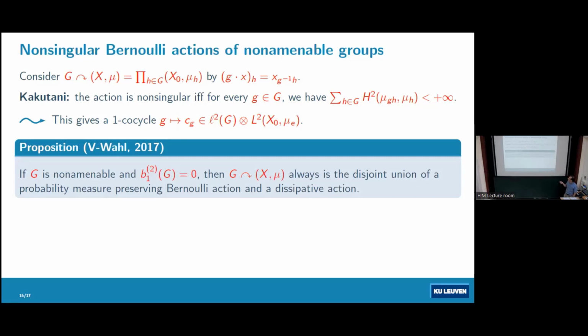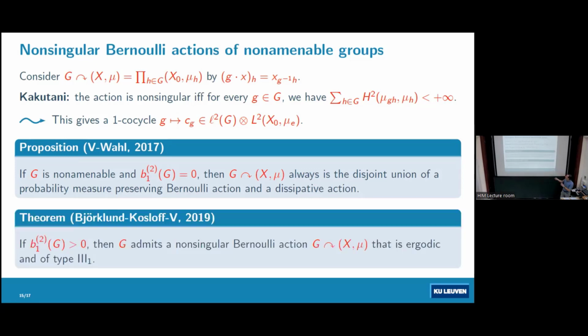Therefore, if you have a non-amenable group with 0 first Betti number, then any non-singular Bernoulli action is simply the disjoint union of something with a fundamental domain and a probability measure preserving standard Bernoulli shift. So no type 3 behavior at all if the first Betti number is 0.